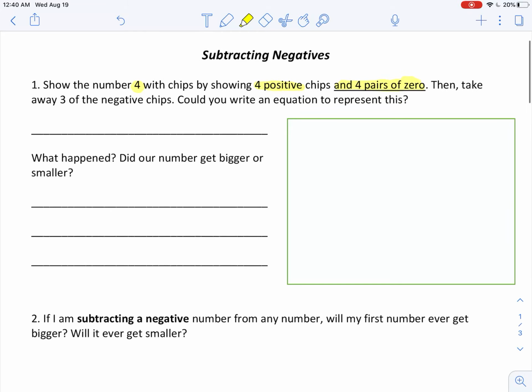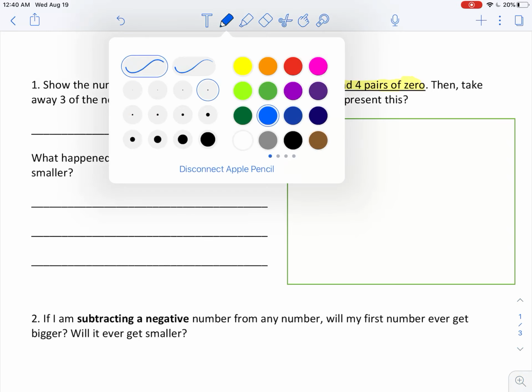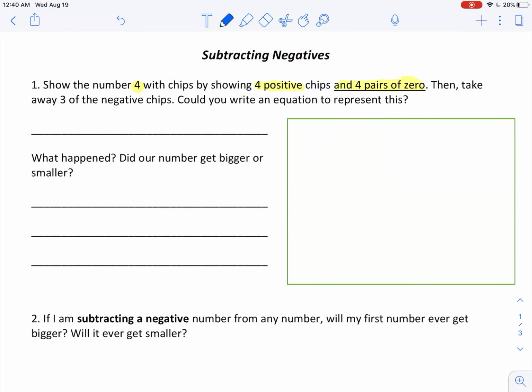So, like I told you guys, you could represent that as, so this is 4, or I could have 4 plus 0, still 4, or 4 plus 0 is still 4. I could add another 0 and another 0. I could keep adding zeros forever, and it's not going to change the value.